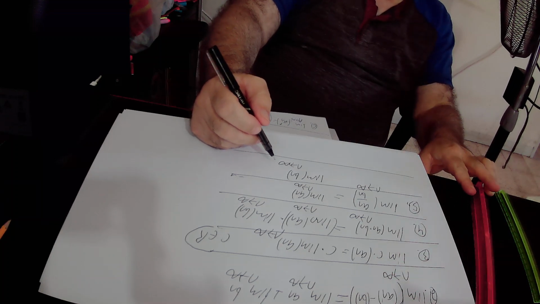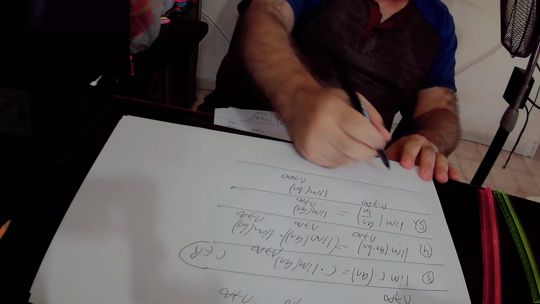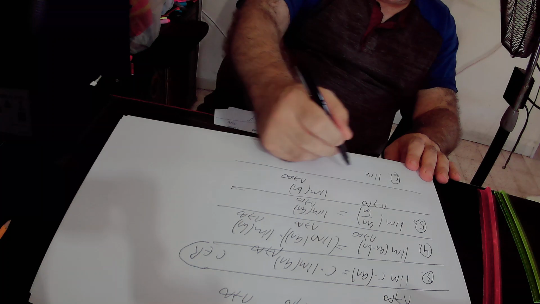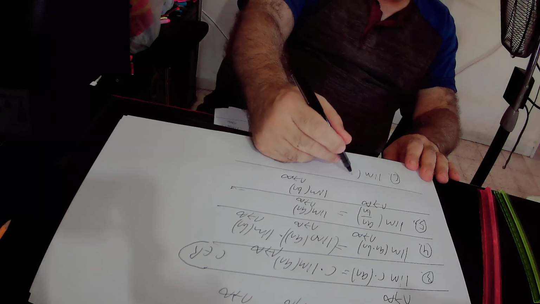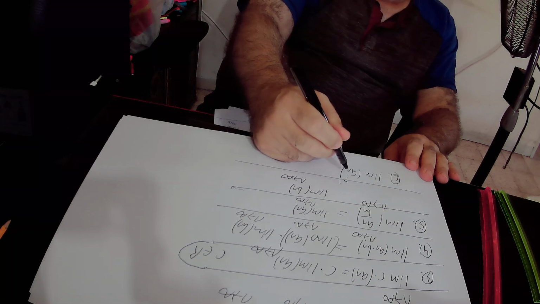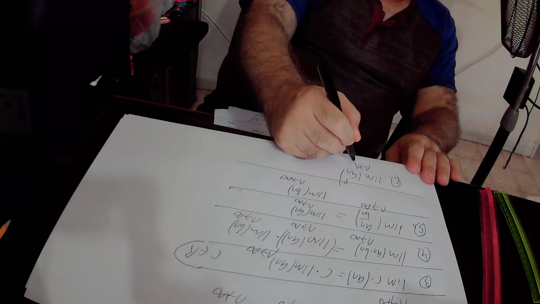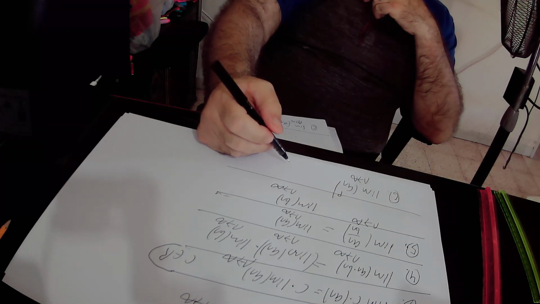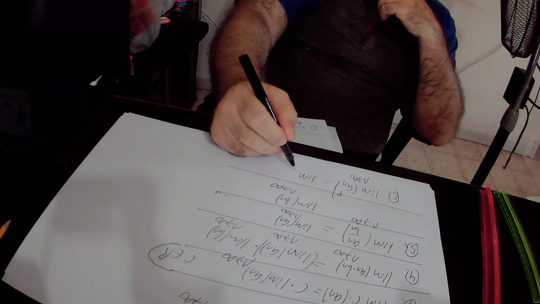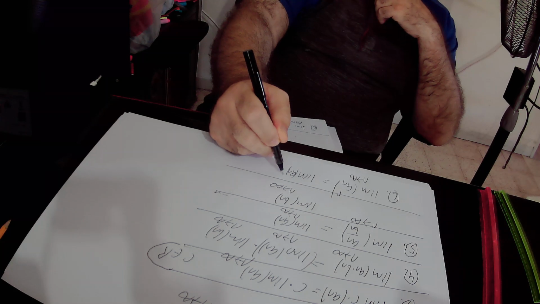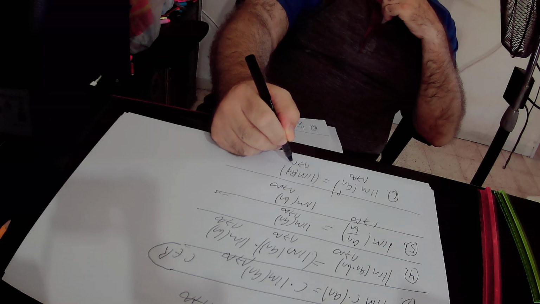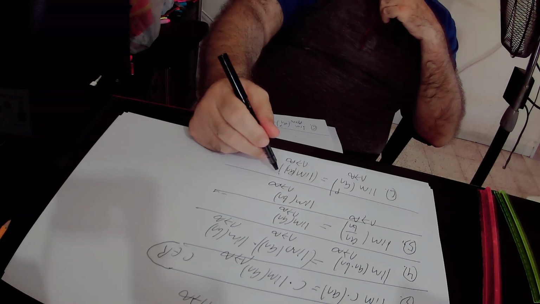And finally, we have equation number 6 that is also true. According to equation number 6, the limit of the sequence an to the power of p when n tends to infinity is equal to the limit of sequence an when n tends to infinity, to the power of p.